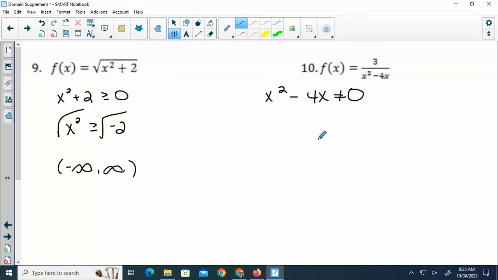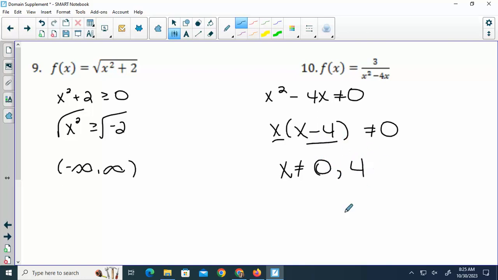So the denominator can't be 0. What could you do to both of these? What can we take out? That leaves us with x minus 4. So if you set each of those equal to 0, x cannot be 0 or 4.